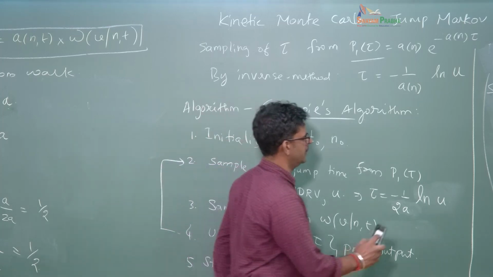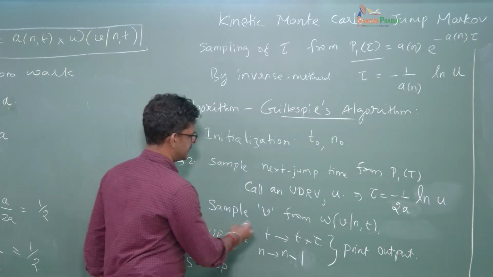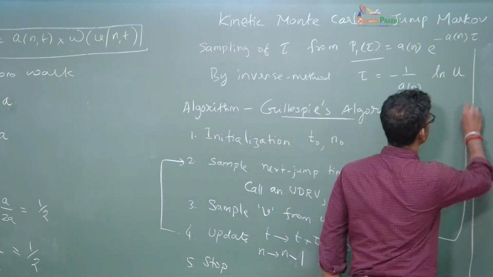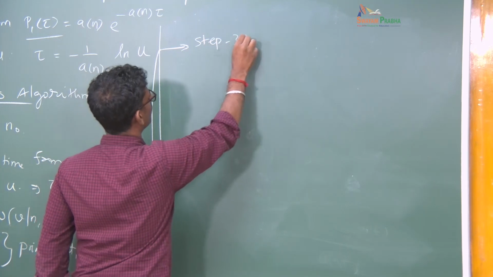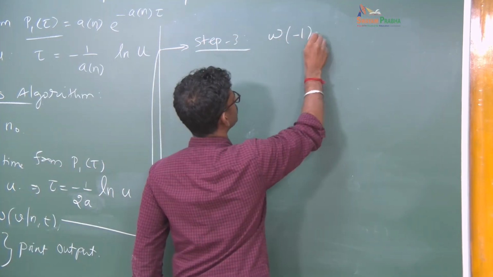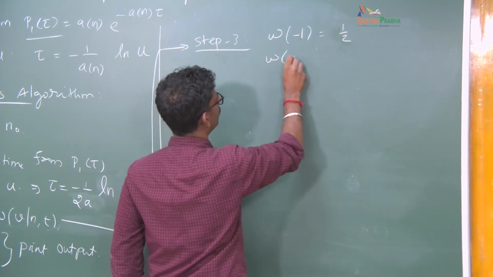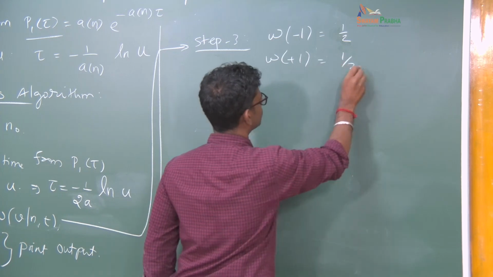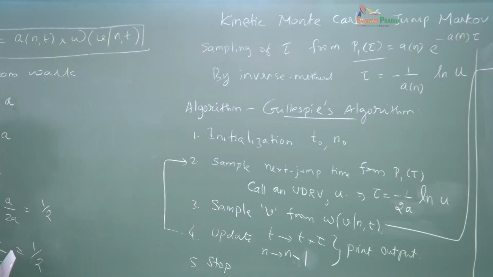Let us look at this step 3 alone. Here we have omega of minus 1 is 0.5 or 1 by 2, and omega of plus 1 is 1 by 2. So, now we have to sample this.